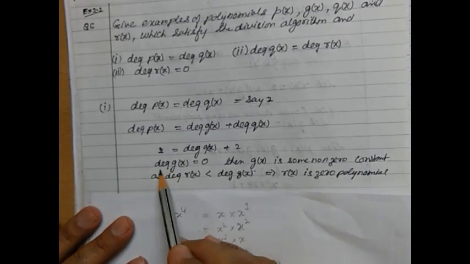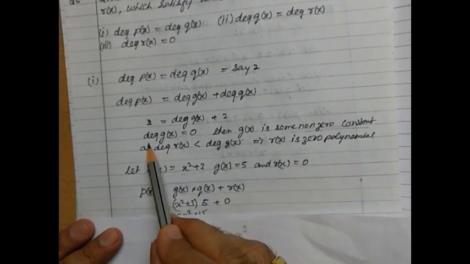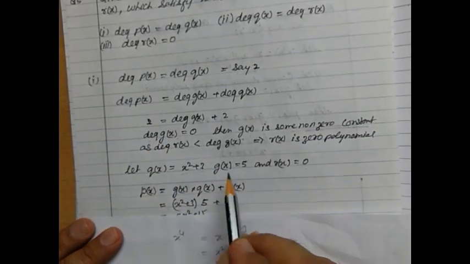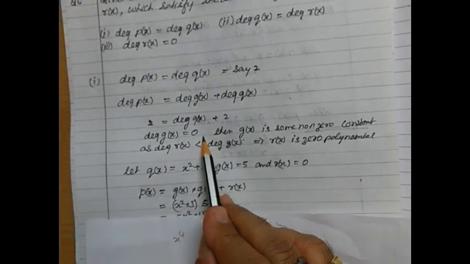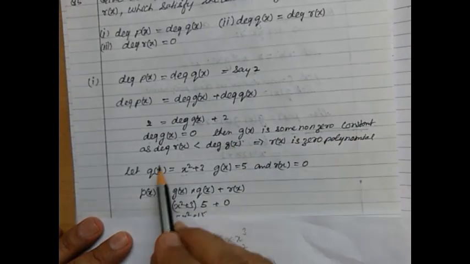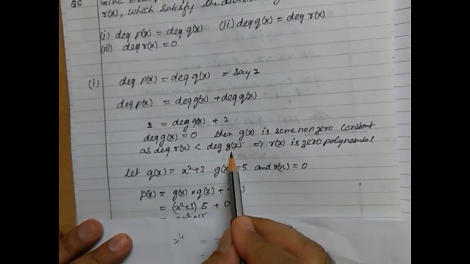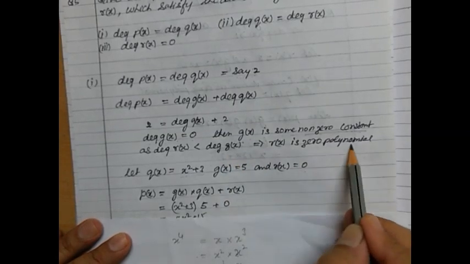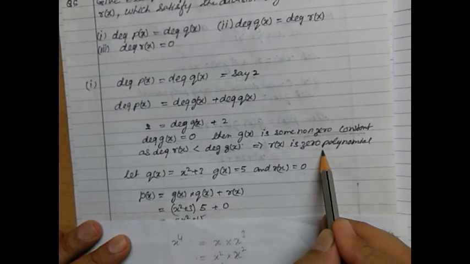So when we solve it, we get the degree of the divisor. Here we say the degree of the divisor is 0. If the degree of the divisor is 0, then the remainder will be a constant term. The degree of the remainder is always smaller than the degree of the divisor. So r(x) will be taken as the zero polynomial, that means here we will have 0.